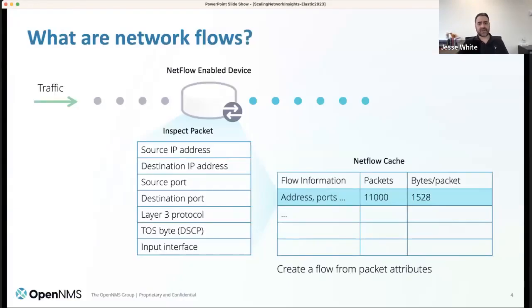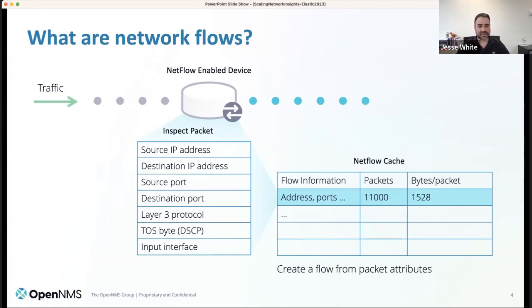So like I said, today we're going to talk about network flows. So before we go into the solution, let's understand a bit what flows are, right? Flows are typically generated by NetFlow enabled devices. What they do is they take in network traffic, and as traffic goes through the devices, we're talking switches, routers, they'll inspect the packets, look at the header information, and then create a cache from that and summarize some of the key statistics around the packets.